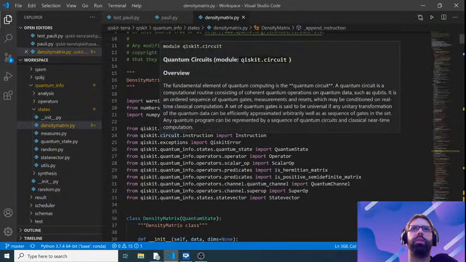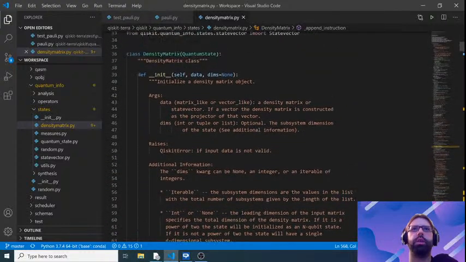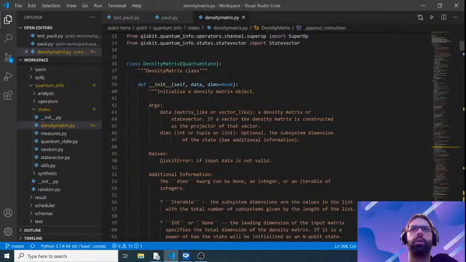Density matrix quantum state class. Okay, so there's an actual density matrix state. That's really good.